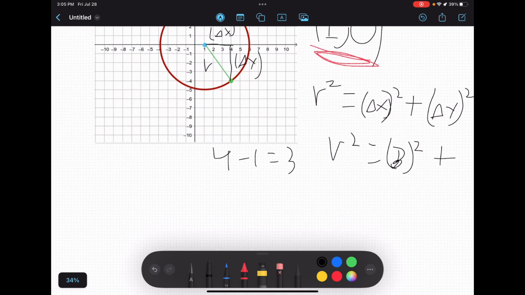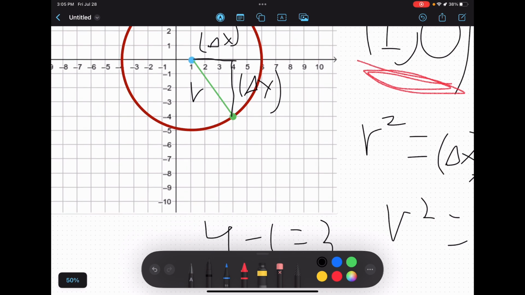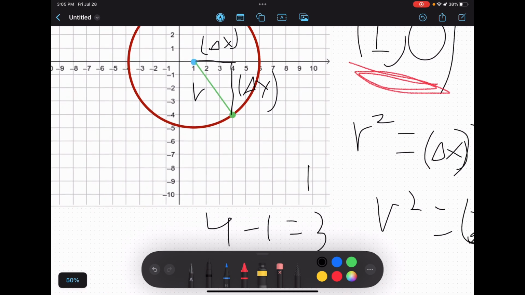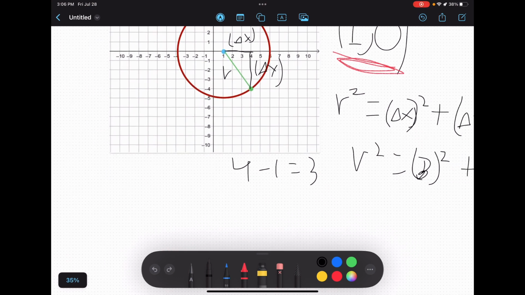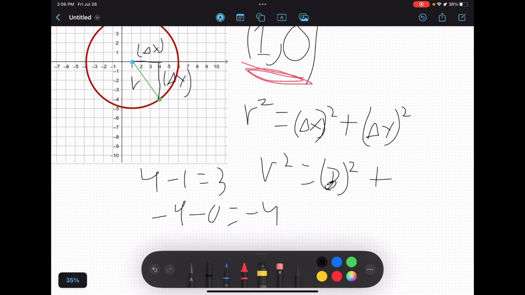Then we can use the same thing to find our change in y, which gives us -4.